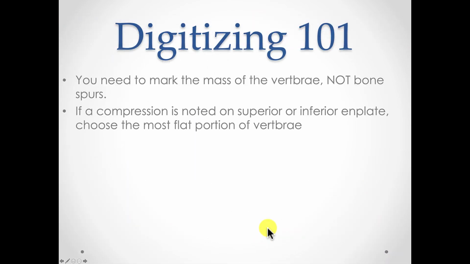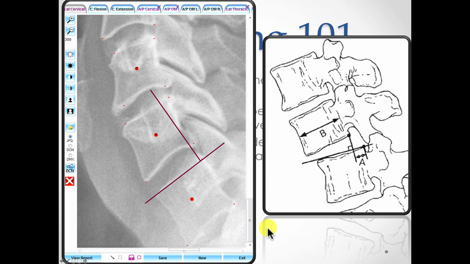So I already reviewed some of this, but I want to drive this point home. When digitizing or marking by plain film, we want to measure the end plate line, then perpendicular to that. Then what you do is you measure from a parallel line from above. Let me go backwards, sorry.